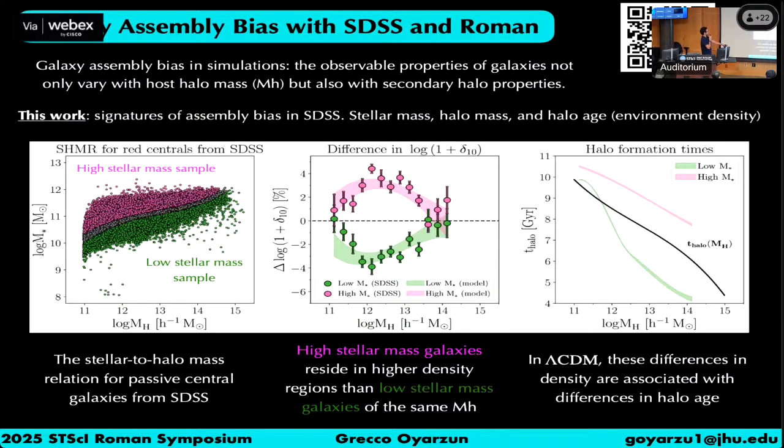We found that more massive galaxies tend to systematically reside in higher density regions of the large scale structure, which in lambda CDM, if you use dark matter only simulations, corresponds to older halo formation times, which is what's plotted on the right.